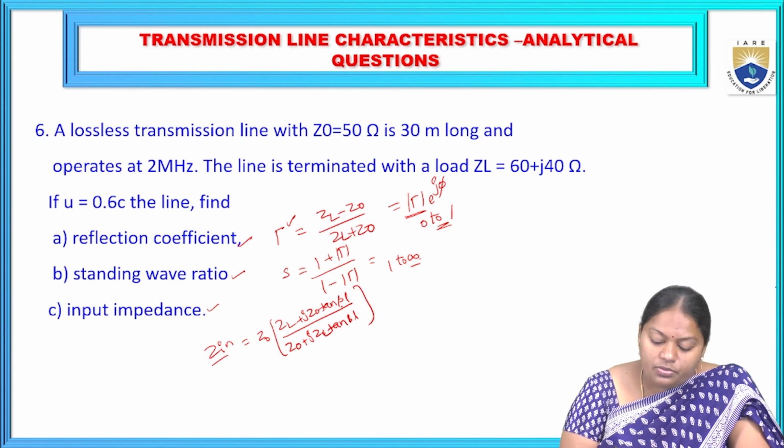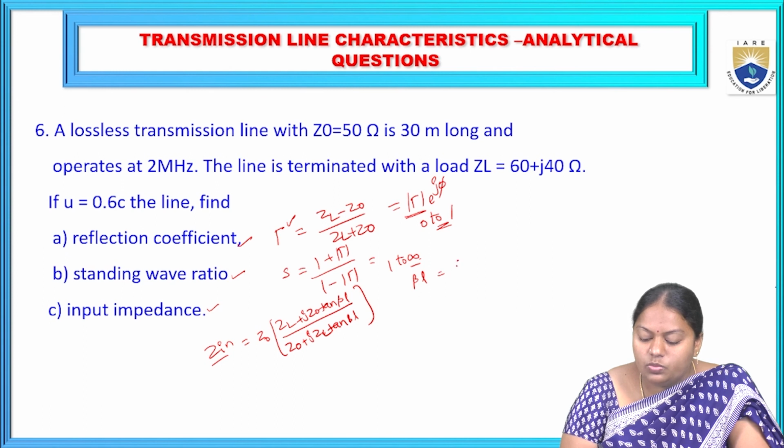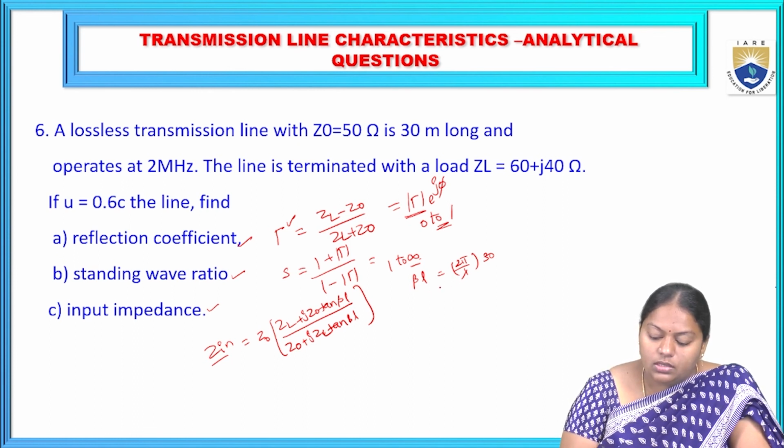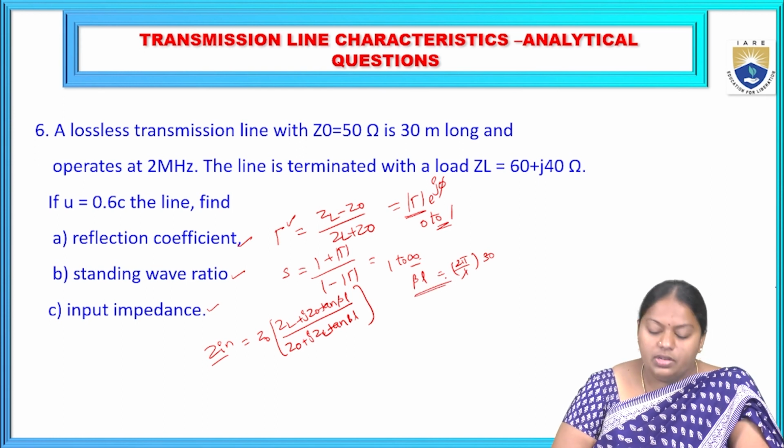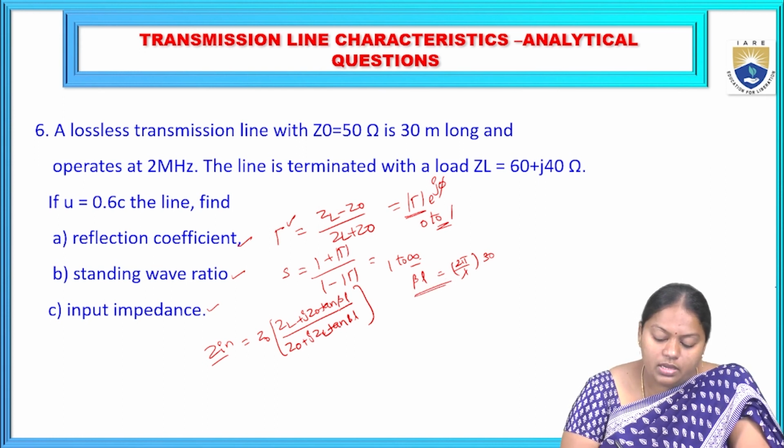So we need to find the value of beta into L. The formula is given by 2 pi by lambda into L, where L value is 30 meters. Okay, this is the way we can find the value of beta L and substitute it over here.